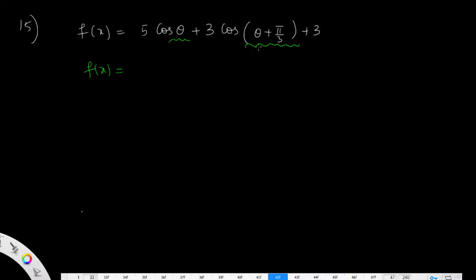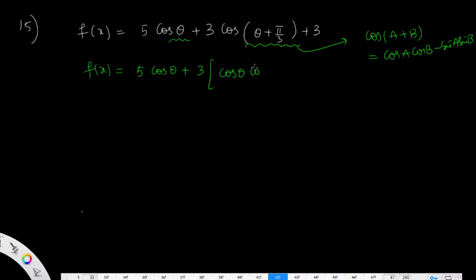But here the angles are different, so we have to simplify 5 cos theta plus 3 times cos(theta plus pi by 3). This is in the form of the cos(a plus b) formula, which is cos a cos b minus sin a sin b. So cos theta into cos pi by 3 minus sin theta into sin pi by 3, plus 3.